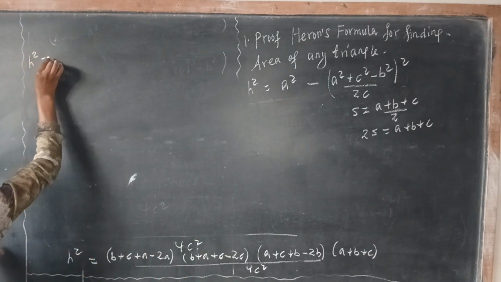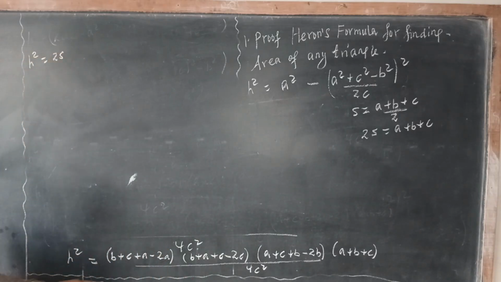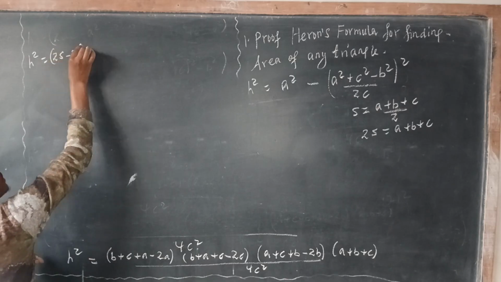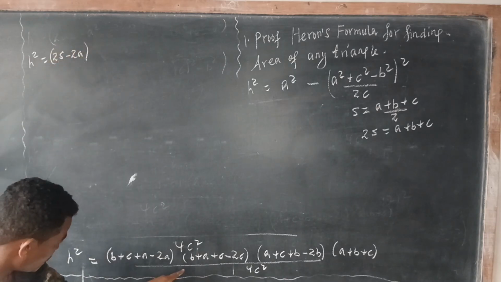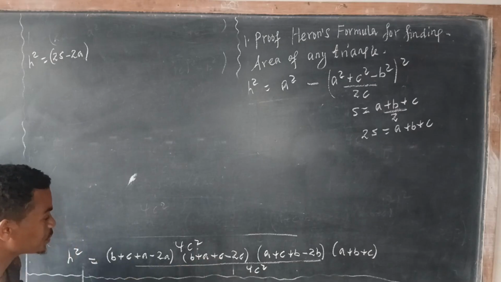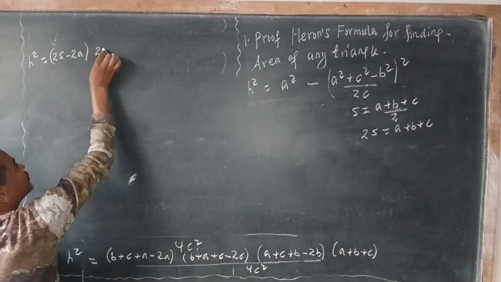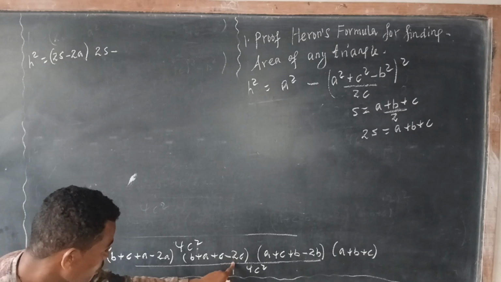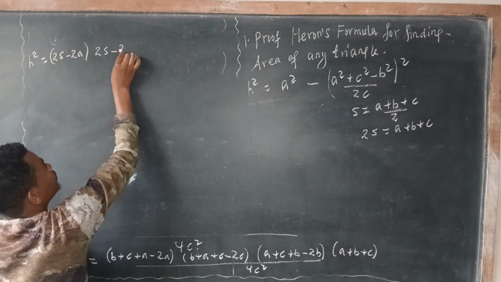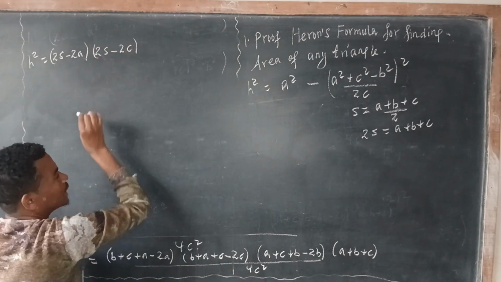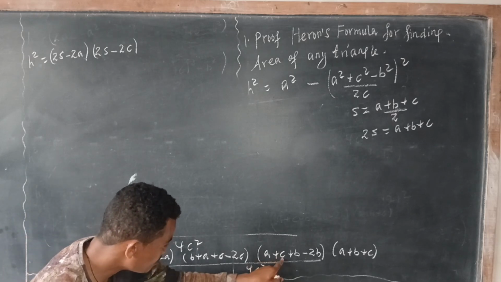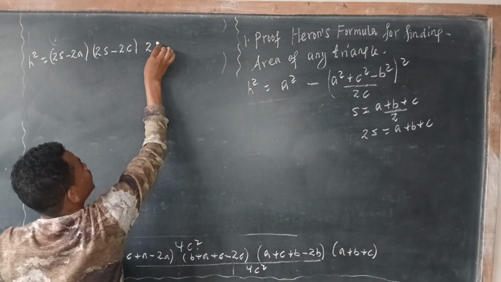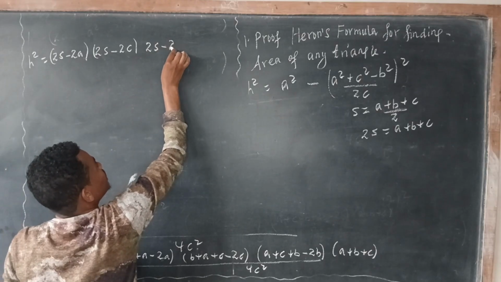So 2s minus 2a, times b plus a plus c is 2s minus 2c, times a plus c plus b is 2s minus 2b.